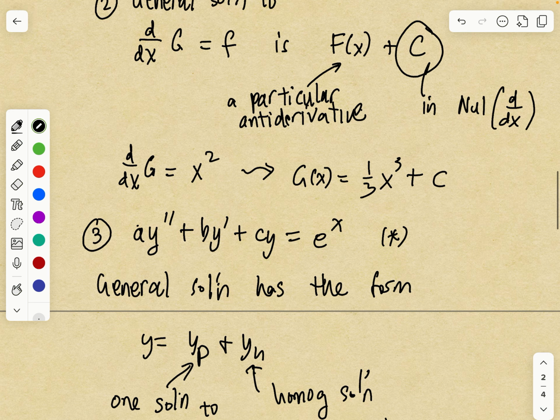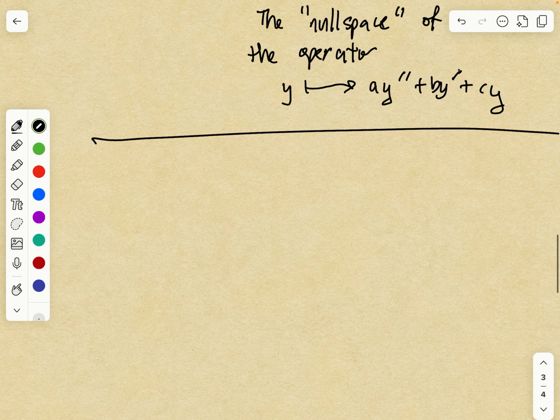And then a fourth one is, I'll just say it really quick, if you have a definite integral, let's say you are integrating a function from 1 to 2.